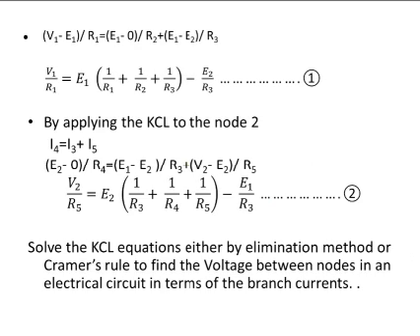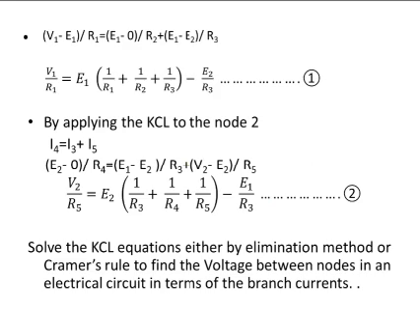Similarly, for I2, E1 is the starting point and E0 is the ending point. So I2 equals (E1 minus E0) divided by R2, where E0 equals 0.